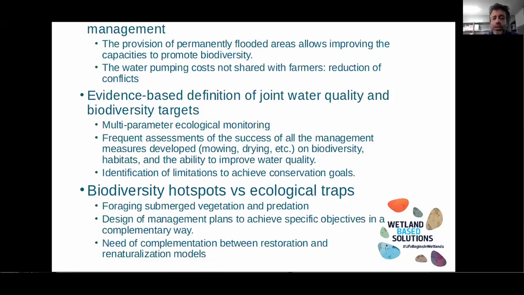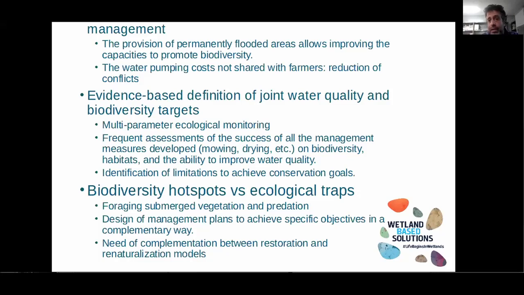So the moment we recover good habitats and good ecological status, the biodiversity comes with a lot of pressure on those habitats. For example, waterfowl eating all the macrophytes and creating good habitats for several species, but also for the predators. So it's very important to work not only on small reserves or big reserves, but to create a huge network to reduce these density-dependent interactions.